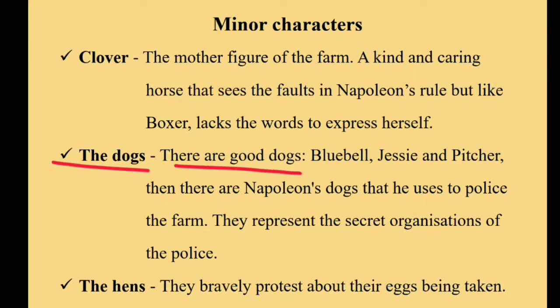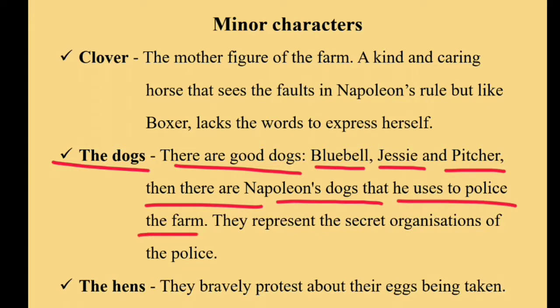There are good dogs named Bluebell, Jessie and Pitcher. Then there are Napoleon's dogs that he used to police the farm. Okay, they represent the secret organization of the police. If you remember, during World War II, okay, during war, nations or countries used to keep private assassins, okay, private detectives.